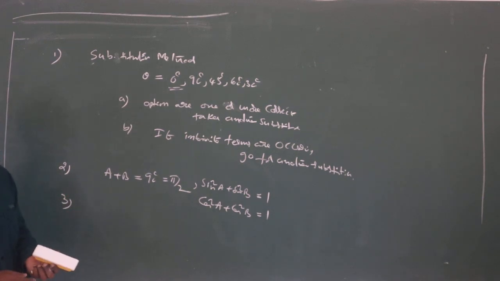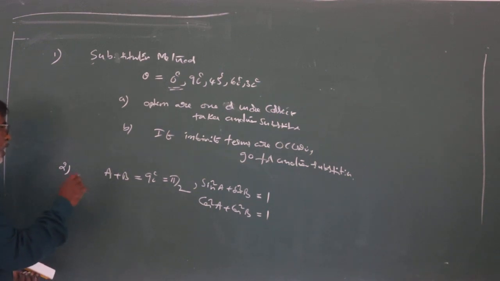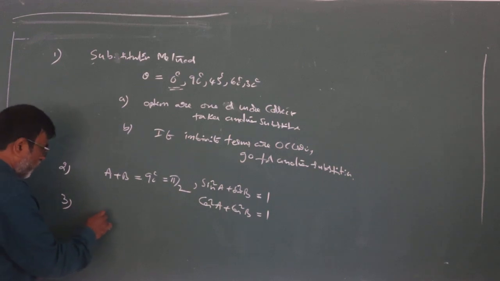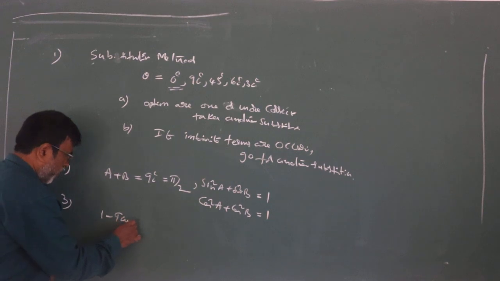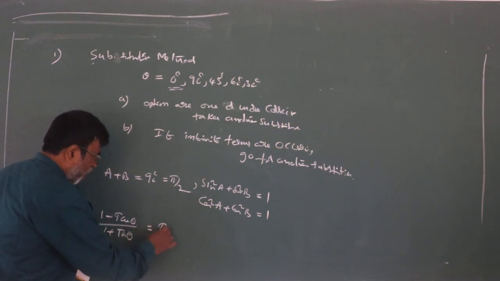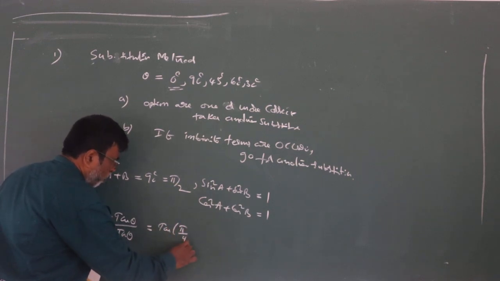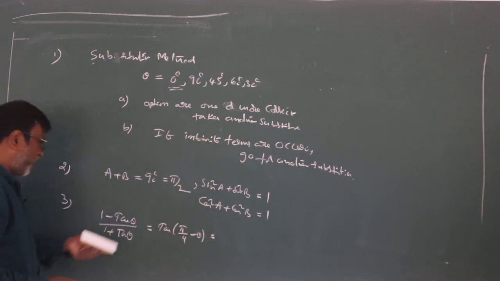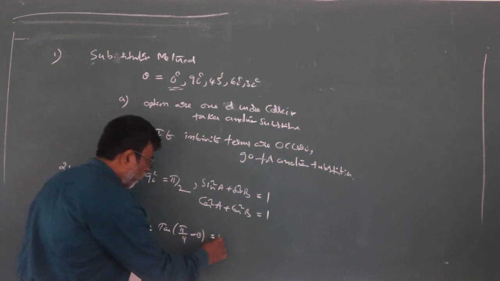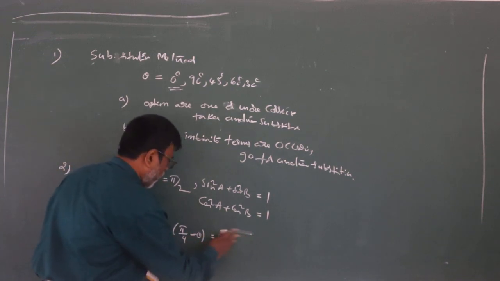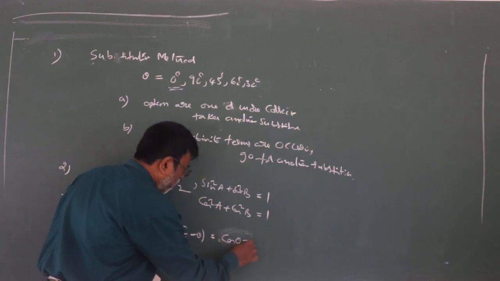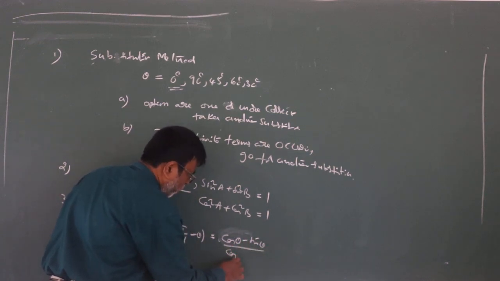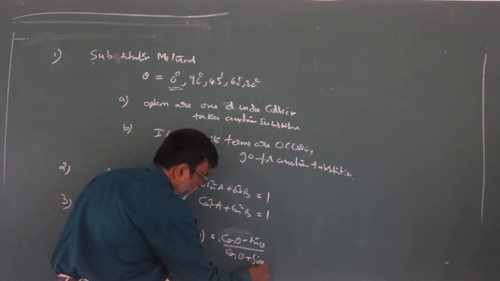Now the third shortcut. Root of 1 minus tan theta by 1 plus tan theta is nothing but tan of pi by 4 minus theta. This value is also the same as cos theta minus sin theta by cos theta plus sin theta.